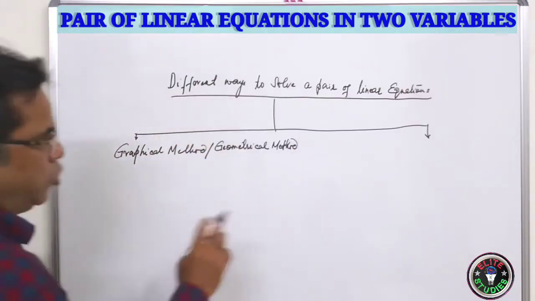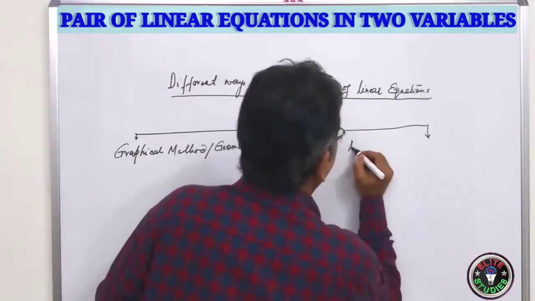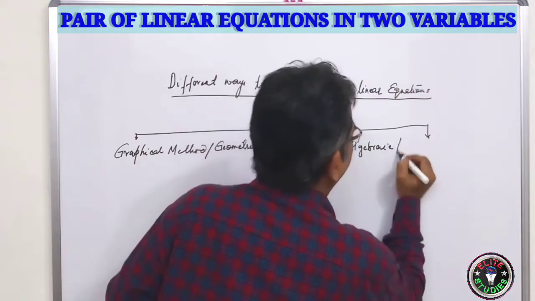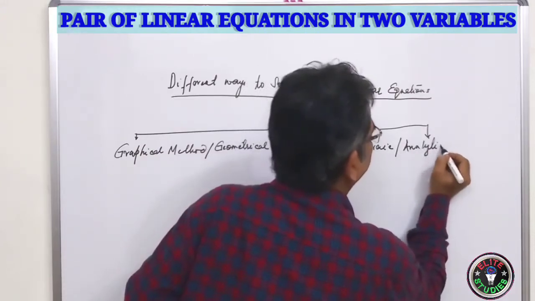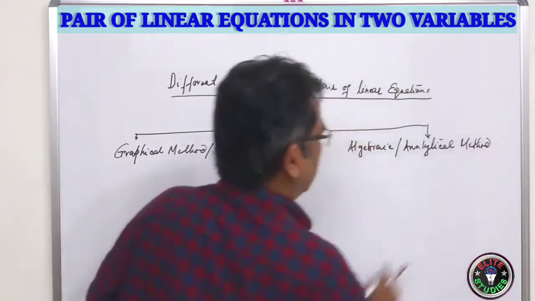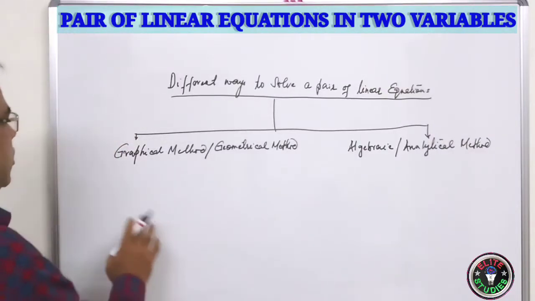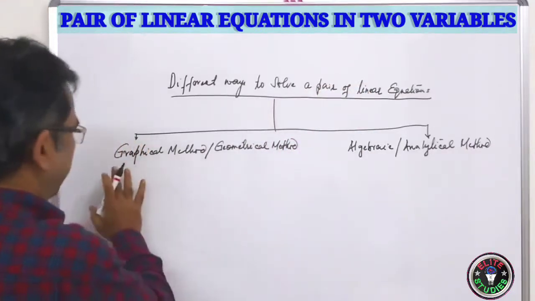The other way, you can say algebraic or analytical method. So there are the two ways. In the previous classes, we have seen how to solve a given pair of linear equations by graphical method.